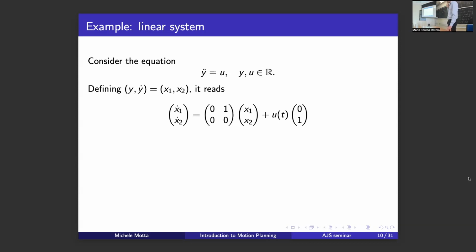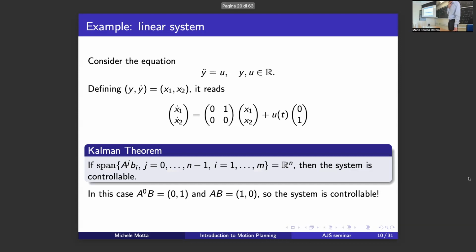To study controllability of a linear system, there is a very useful result, which is Kalman's theorem. It says that if the vectors A^j multiplied by the columns of the matrix B span the whole R^n, then the linear system is controllable, so you can move from any point to any other final state.